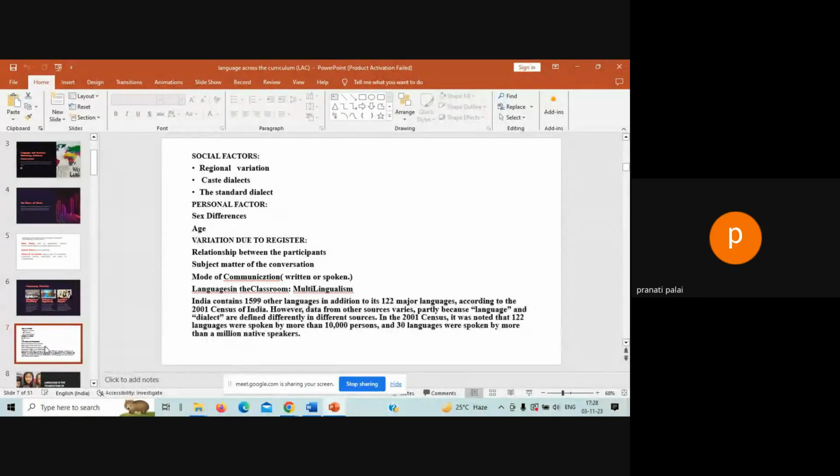Very good. Bilingualism means using one language to learn another language. That means we can say that we are using our mother tongue to learn a foreign language or English language. That means we are using two languages simultaneously. That is bilingualism.